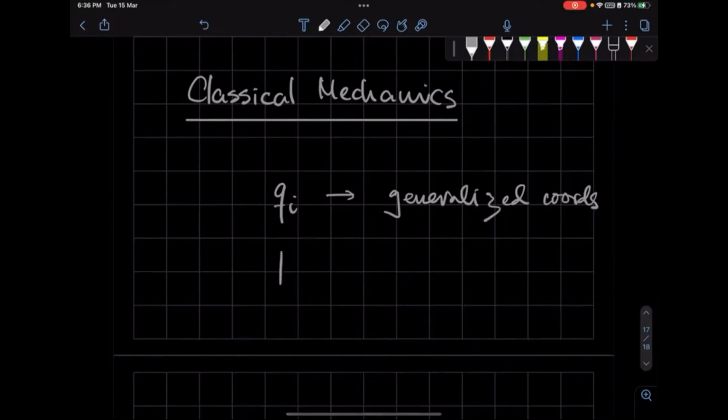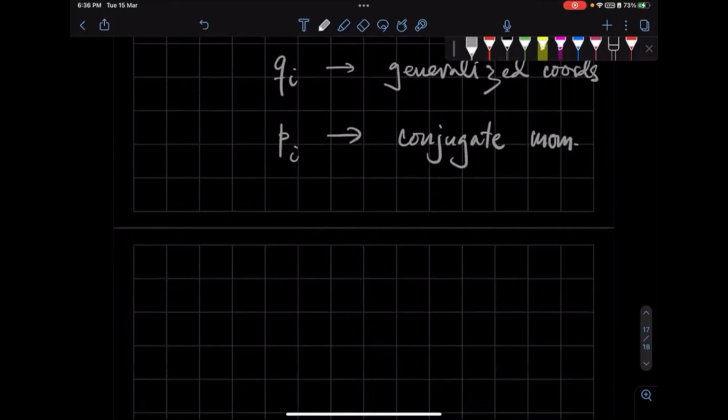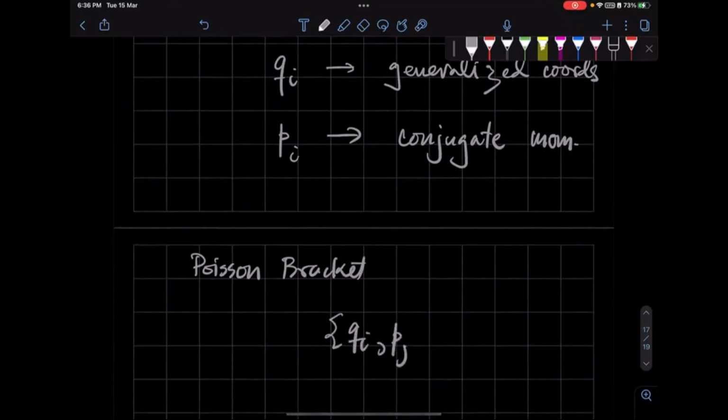And they have certain conjugate momenta defined. These are called canonically conjugate momenta. And they satisfy what is known as a Poisson bracket. So the Poisson bracket between the q's and the p's, I think, is this, right?